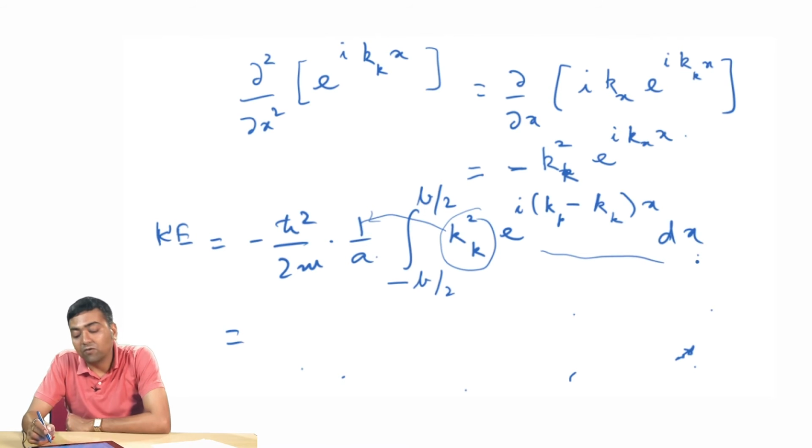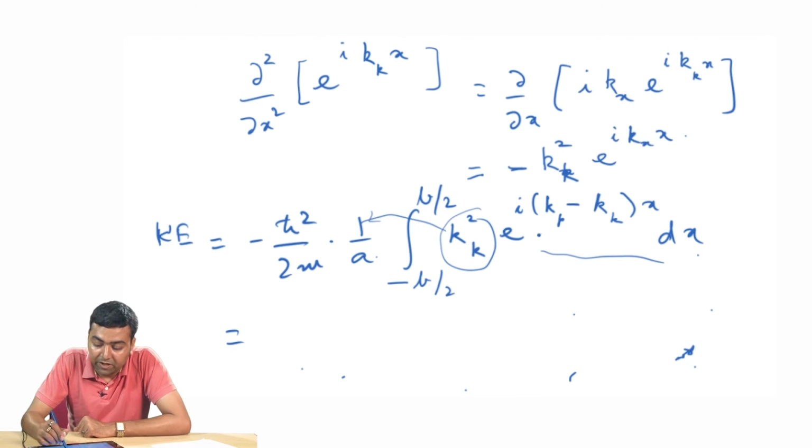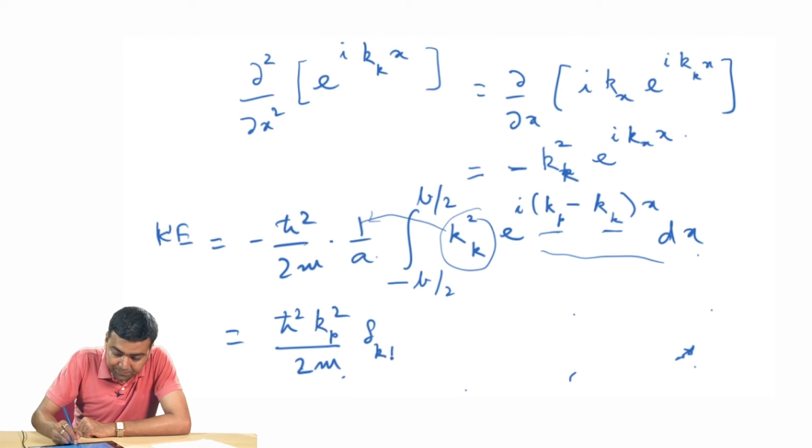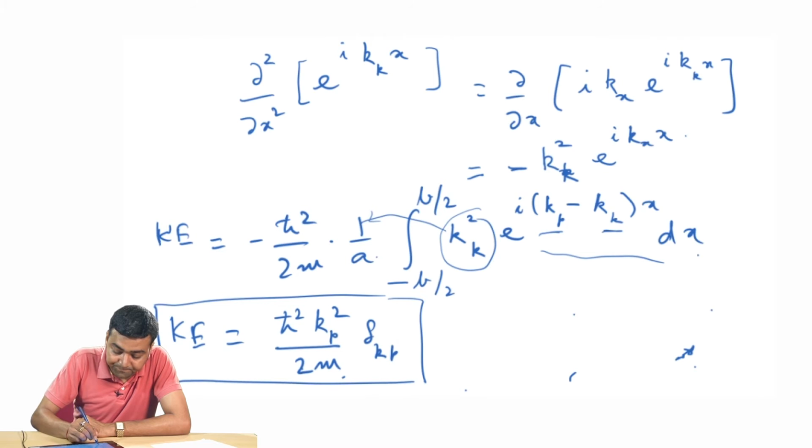This term will give me a non-zero value only if k p is equal to k k, because this is the integral of a periodic function. And so, at the end of the day, if I do the algebra, this is my kinetic energy matrix element.